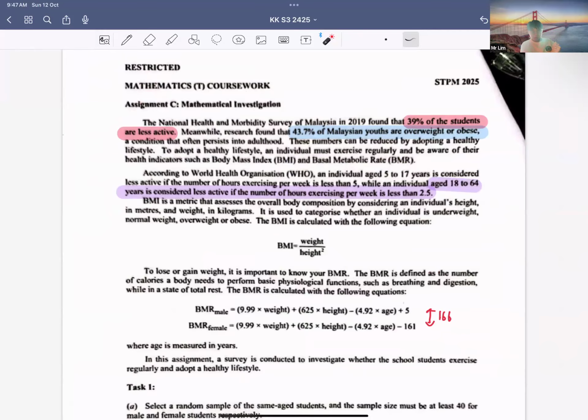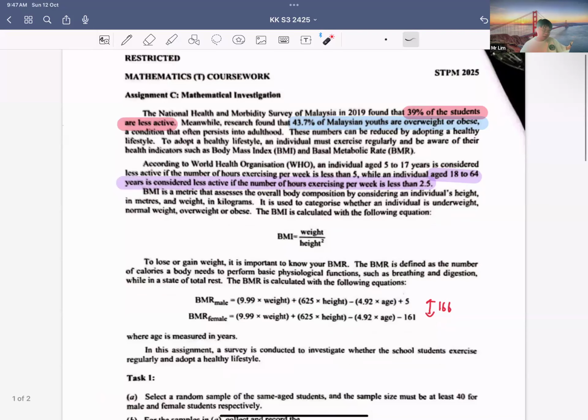You only collect the height, weight, and the number of hours of exercise. Three things only, but you must make sure that their age is the same among all of them.